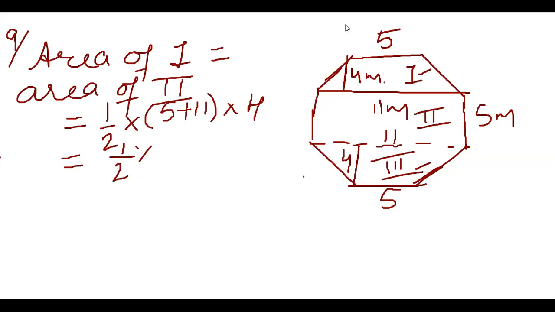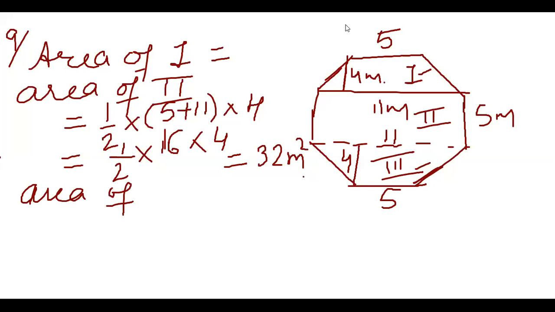Half into 16 into 4, it's 32 meters square. So the area of 1 and area of 3 is 32 meters square. Now we'll find the area of part 2, which is a rectangle, and its length is 11, breadth is 5, so the area will be 55 meters square, right?